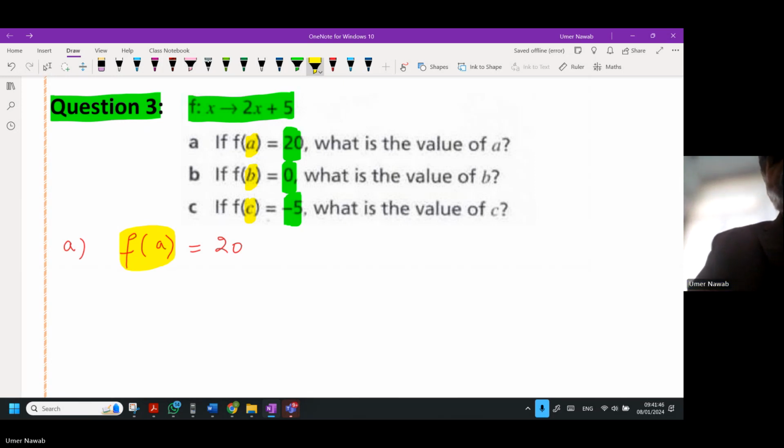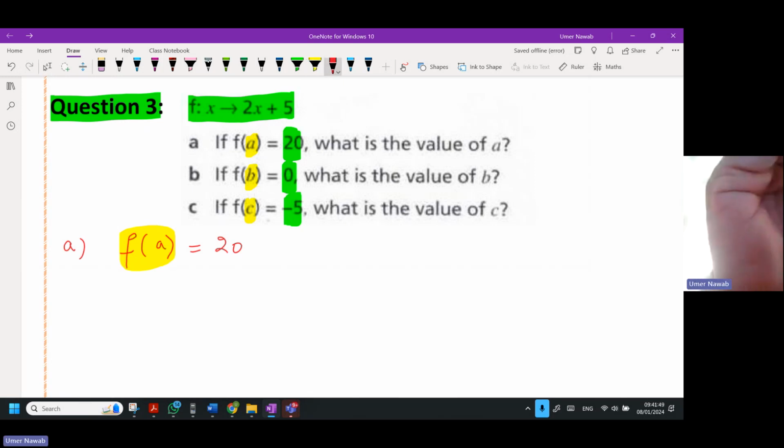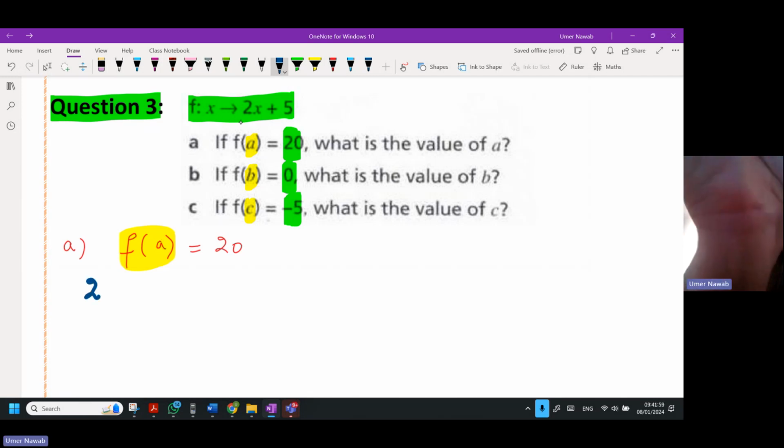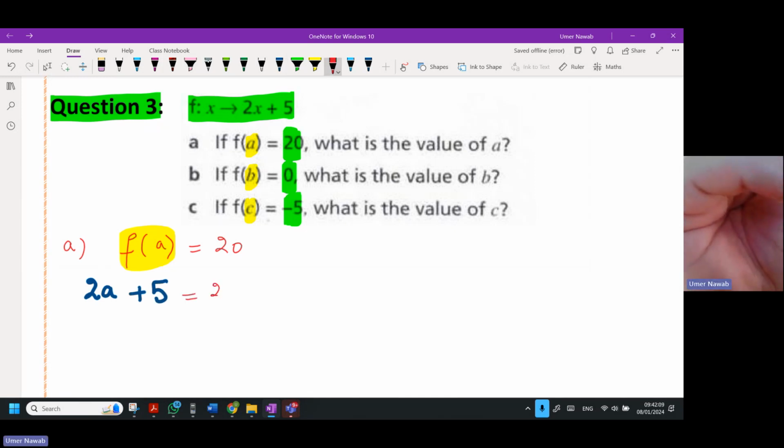Absolutely. When A is replaced in the place of x, it gives you 2A plus 5, and I'm just going to copy, is equal to 20.